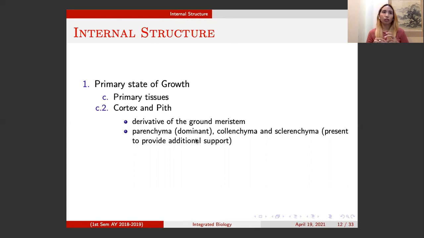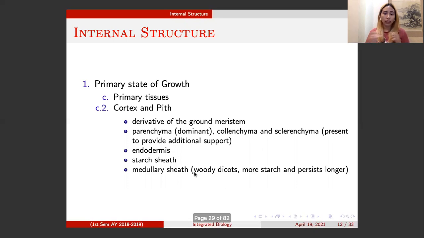Makikita nyo ito sa mga halaman, like for example, celery. When you bite sa celery stem, there is this parang mas matigas na fiber inside it that you actually cannot chew. So those are mostly collenchyma in nature, and they are there for support.